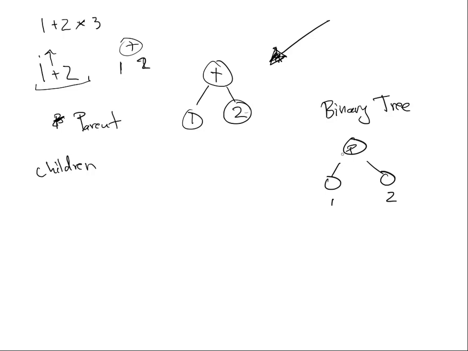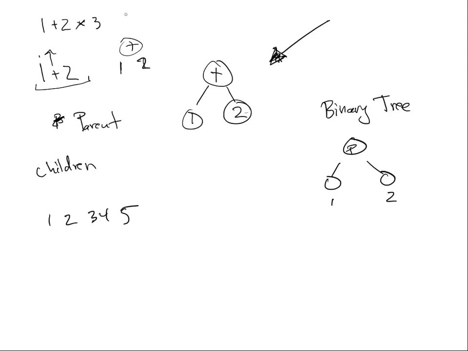For example, if we were going to store numbers in a binary tree, you could say, hey, I'm going to store all of my values that are less than my parent on my left side, and all of my values that are greater than my parent on the right side. If we have the numbers 1, 2, 3, 4, and 5, I could pick arbitrarily where I want to start.